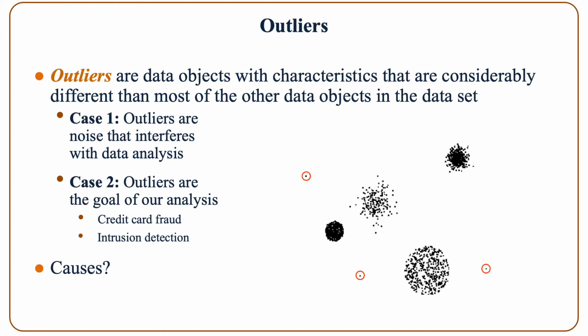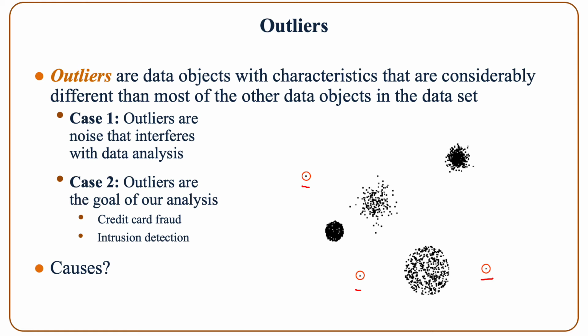The next thing to talk about regarding data quality is outliers. So what are outliers? Outliers are basically data objects with characteristics that are considerably different than most of the other data objects in the dataset. As you can see in this example, we have 3 outliers, which are very far from other data points in the dataset.